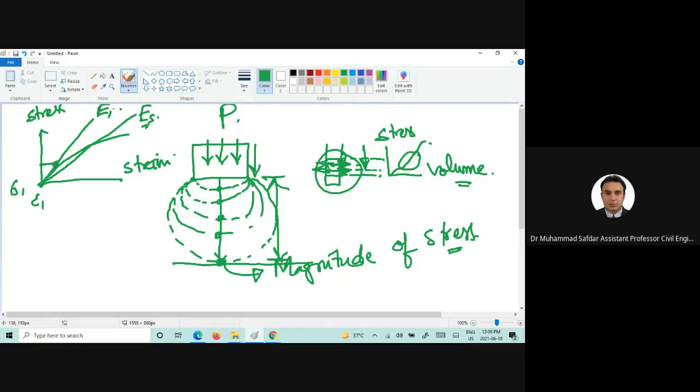Now for the initial tangent modulus, this will be the E2, and here we will have sigma 2. For the secant modulus, this would be sigma 2, and this one would be the E2. Now if you want to find out the modulus of elasticity, you can use this equation.